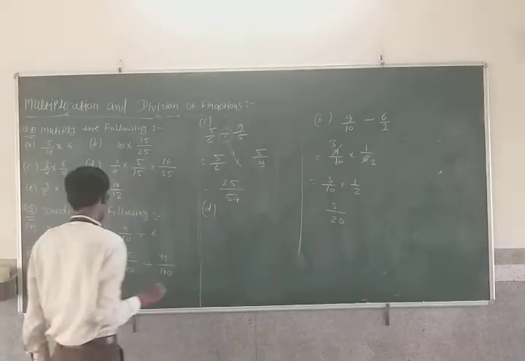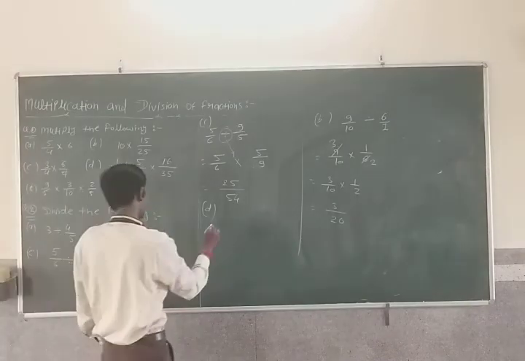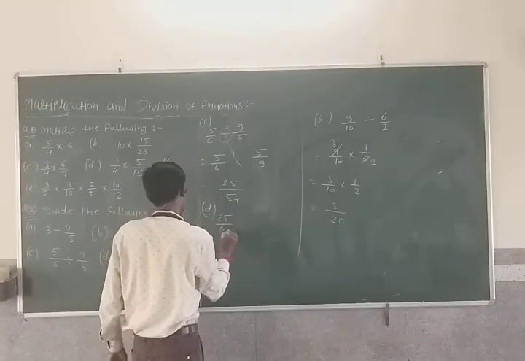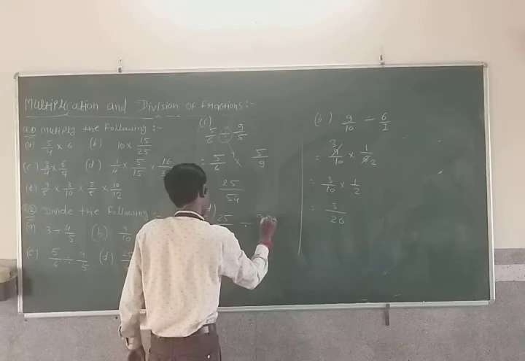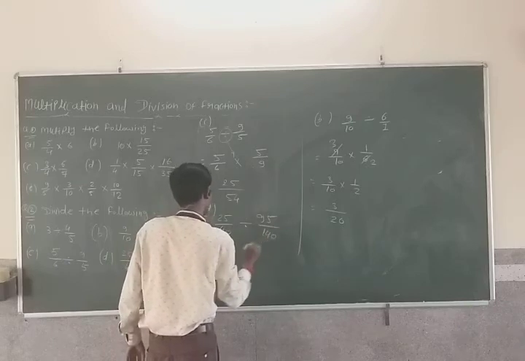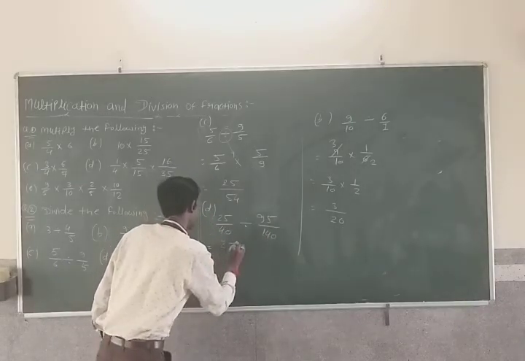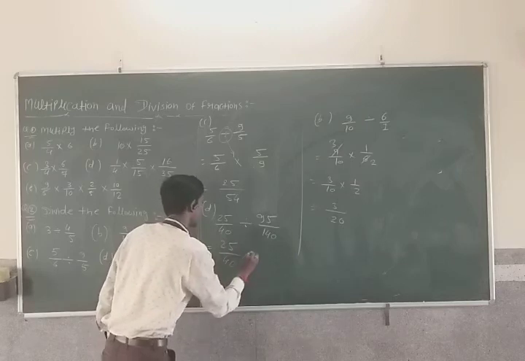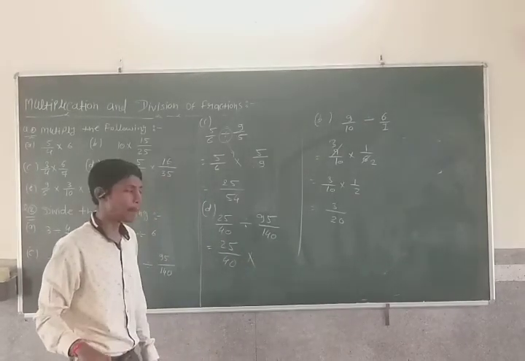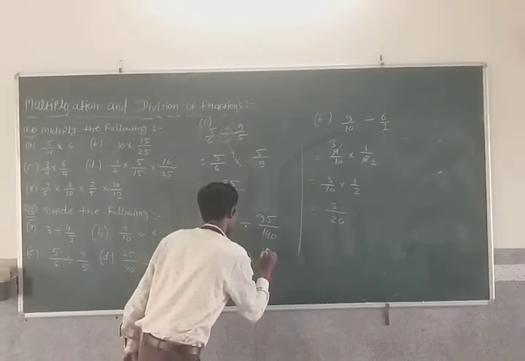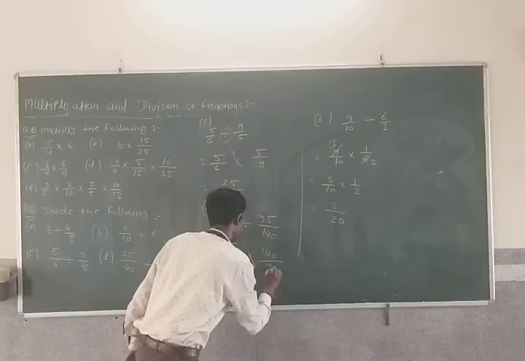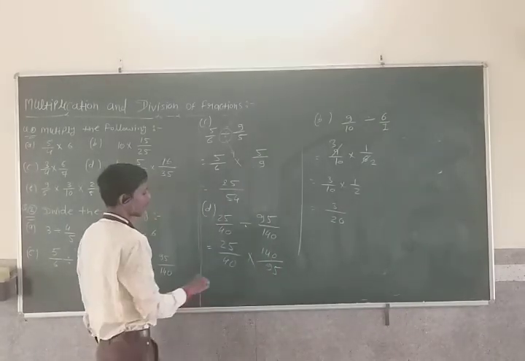And then in question number D, the question given is 25 upon 40 divided by 95 upon 140. So 25 upon 40, in the place of divide I will write multiply, and then 140 upon 95. Now we can simplify.